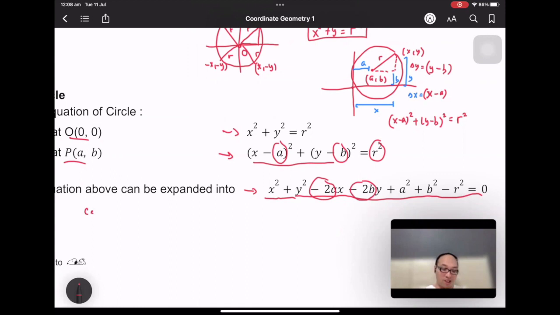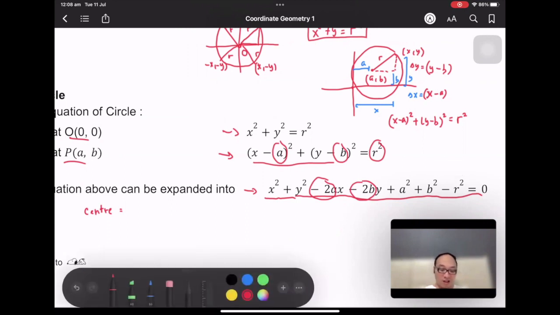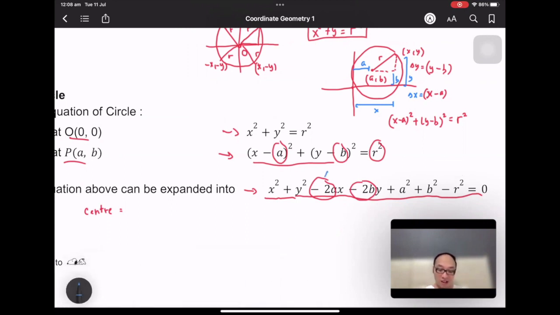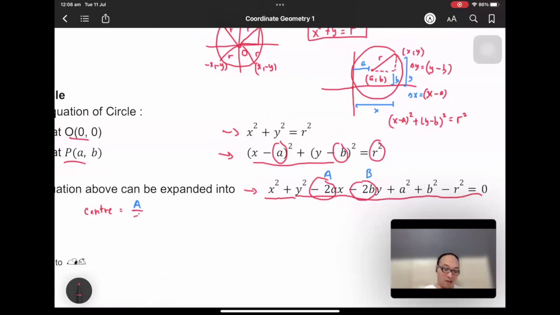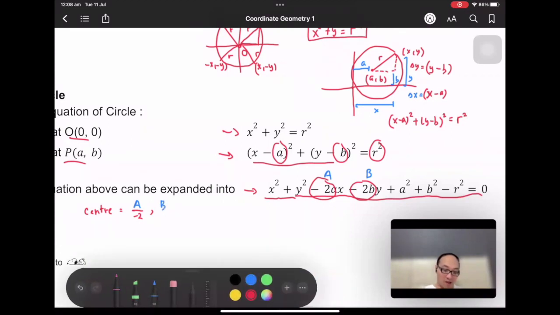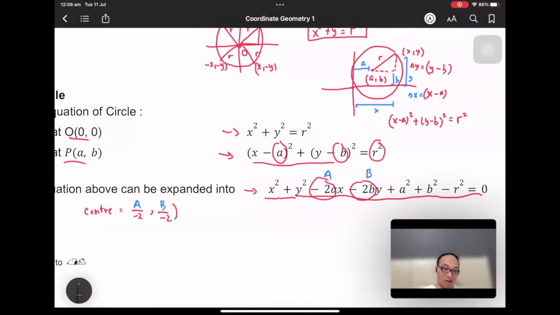So the center, I can call this as A and this as capital B. So the center is A divided by -2 and B divided by -2.